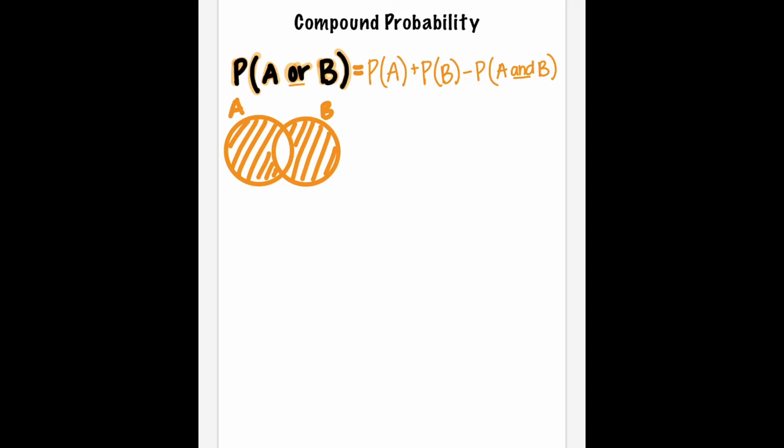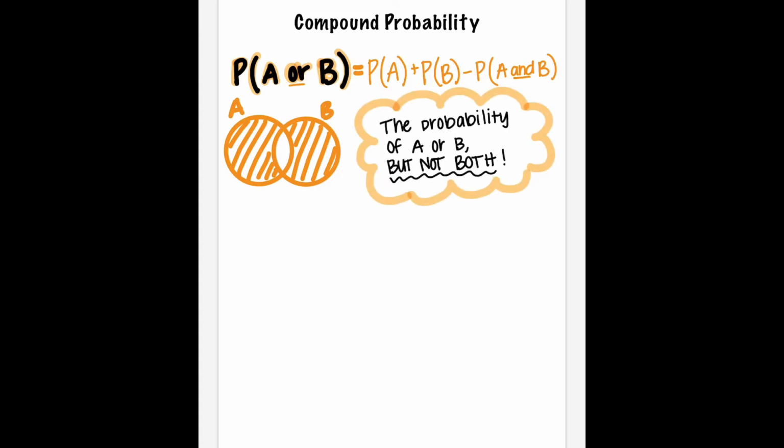So this is where or and you can see the differences here. So the probability of A or B is the highlighted parts of this Venn diagram, whereas the probability of A and B would be the center part where they overlap. For compound probability, where you're finding the probability of A or B, you're simply adding the probability of A plus the probability of B, but you're taking out the probability of them both happening.